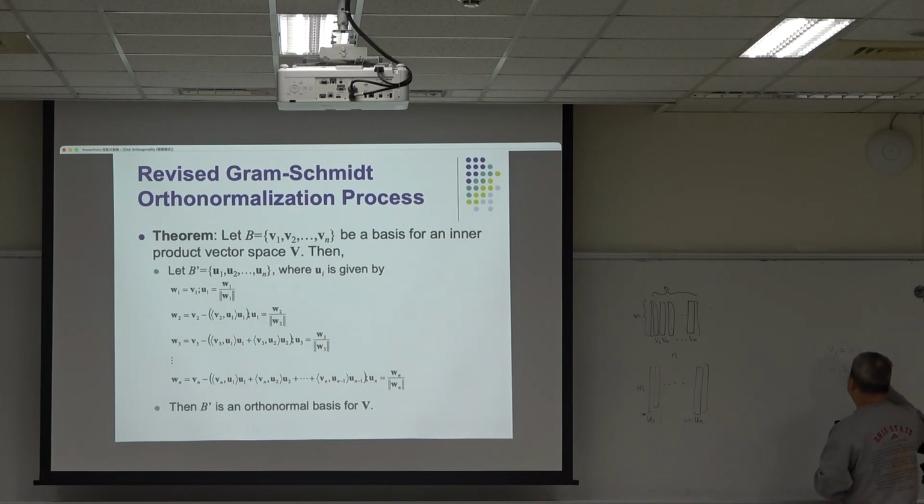So if you want to represent V1 by U1, then V1 is the norm of W1 times U1, right? Any question?